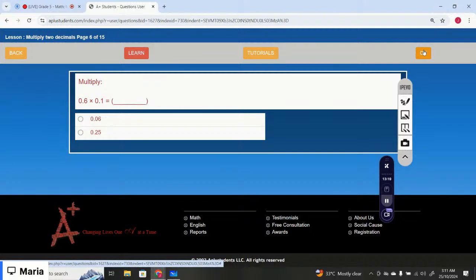That is 0.06. Option number 1 is the correct option. Okay, you can complete the lesson by yourself later today. Let me just move on to next lesson.